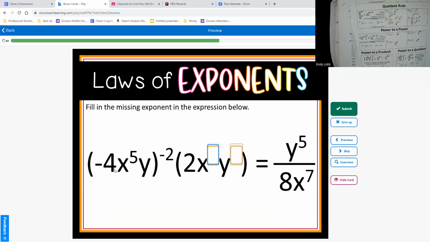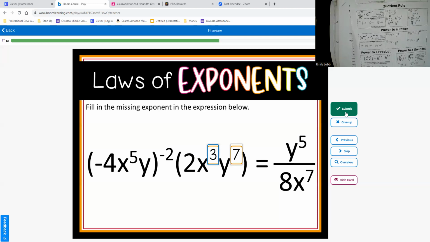Two 16th is the same as 1/8, so that works out. This is y to the -2. -2 plus what equals 5? -2 plus 7 equals 5. And we want, this is -10, right? So -10 plus what equals -7.